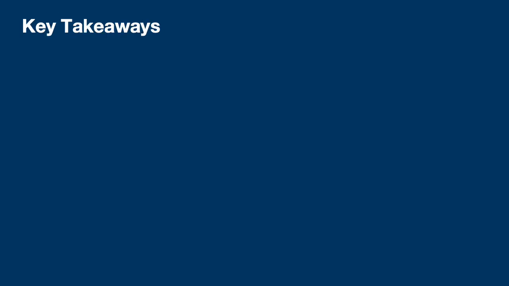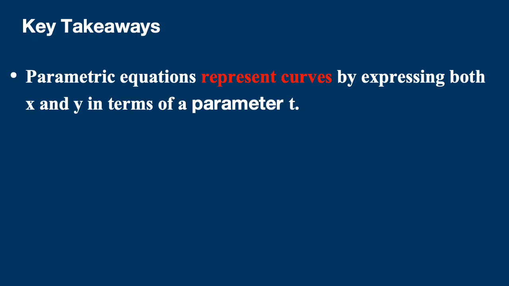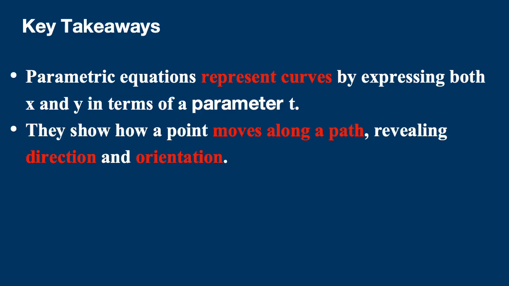What did you learn this session? We learned parametric equations represent curves by expressing both x and y in terms of the parameter t. T normally represents time. Second, parametric equations show how a point moves along a path, revealing direction and orientation.